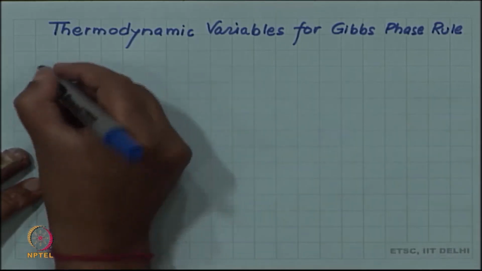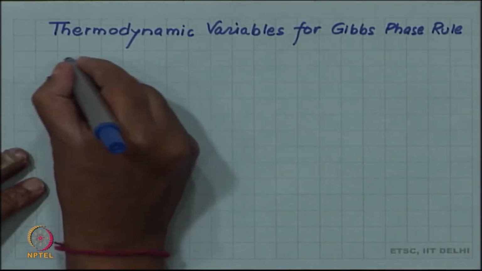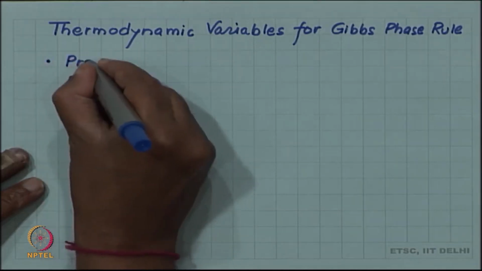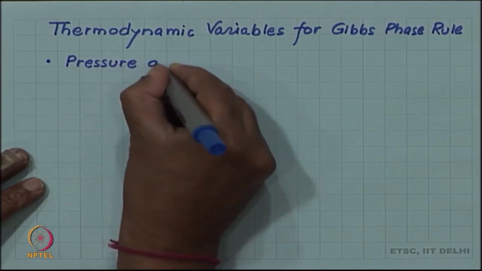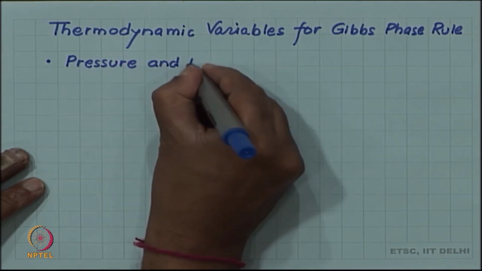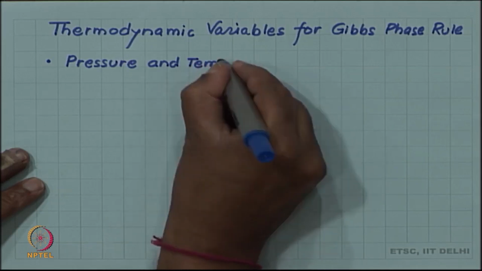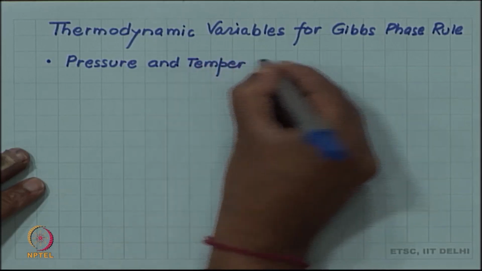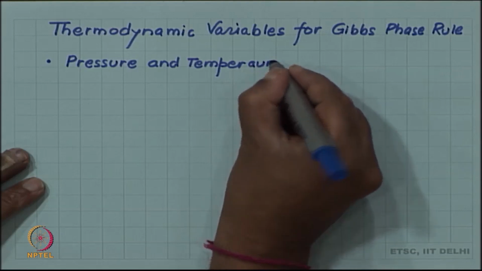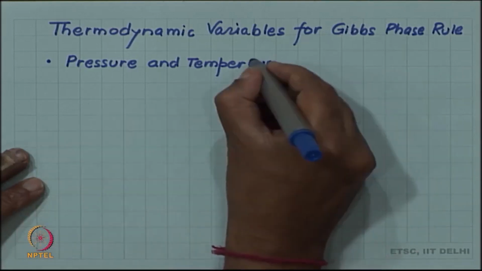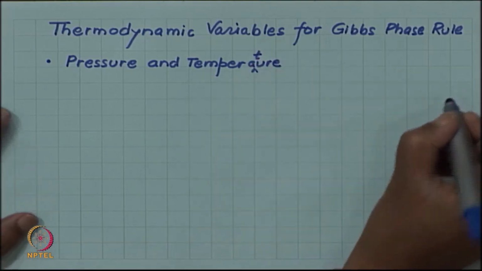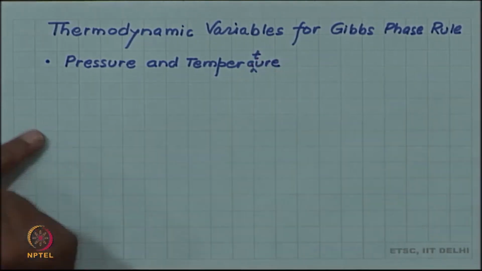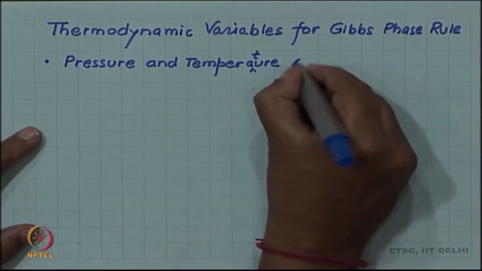So, by thermodynamic variables we mean first one set of thermodynamic variables is pressure and temperature. Pressure and temperature if both are variables.